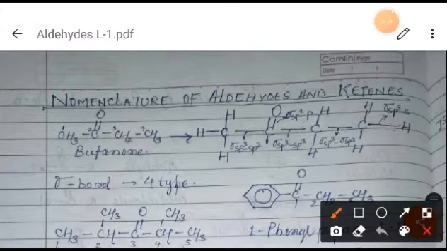Suppose we have acetic acid, which is CH3COOH.